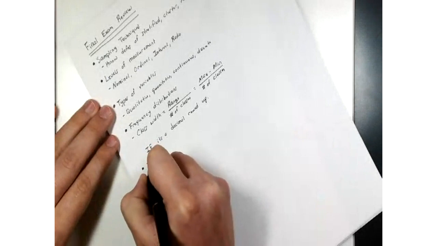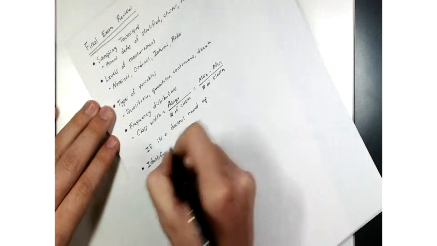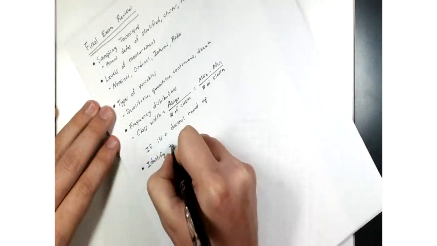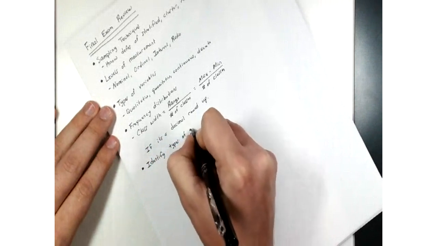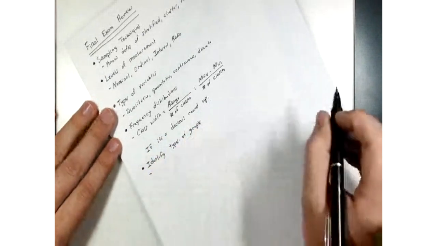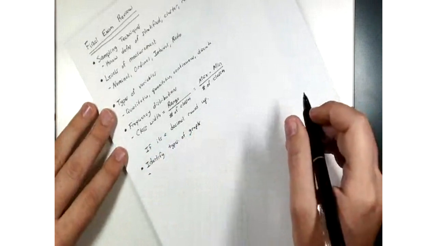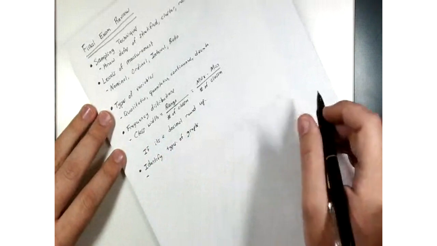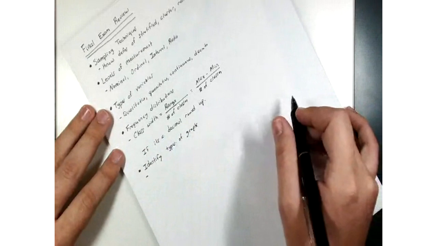You should also know how to identify what type of graph it is. So identify types of graphs. Does anyone remember any of the types of graphs we talked about? Those are the shapes of the graphs. We will talk about that. There's a question on here about the shape of one of them.